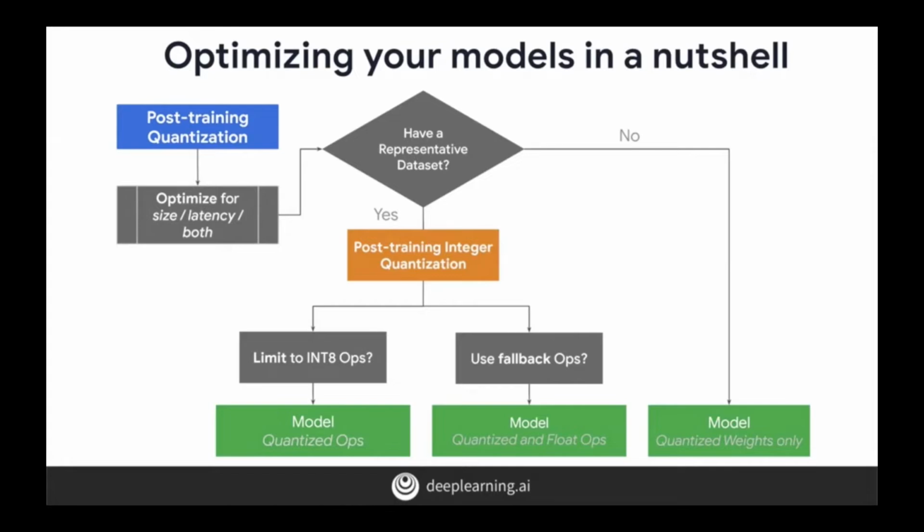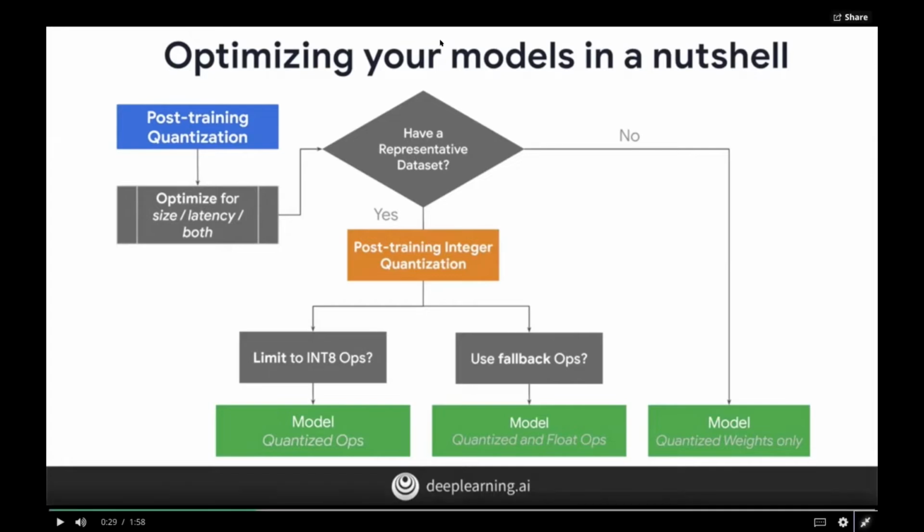If you don't have a representative data set, the model will always just fall back to using quantized weights only, but otherwise you can get quantized activations as well.